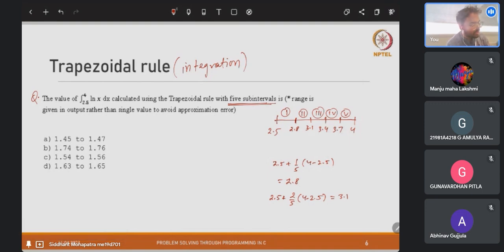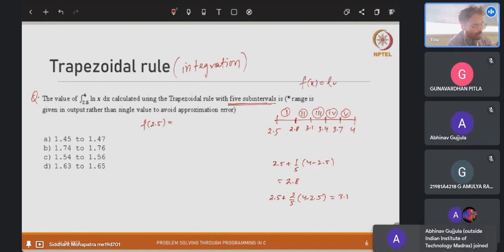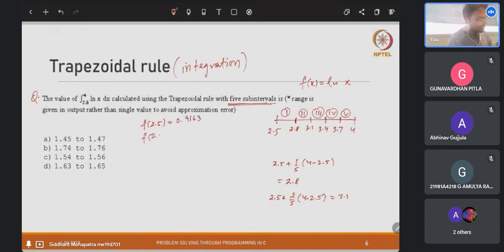So next what we do is we calculate the values at all these subintervals. So let us do that. We have our f of x is ln of x. Now we calculate the values at each of these. So let me calculate ln 2.5, which is 0.9163. I calculate ln 2.8, right?